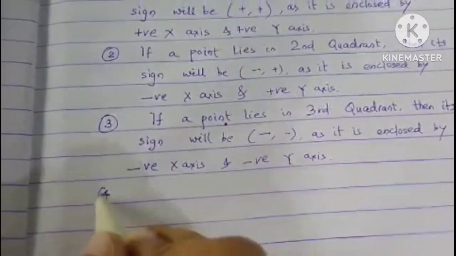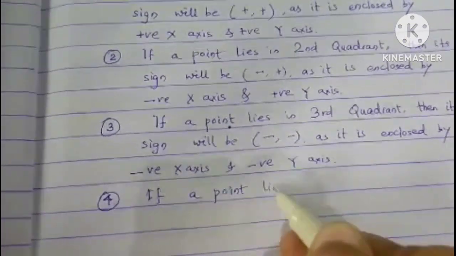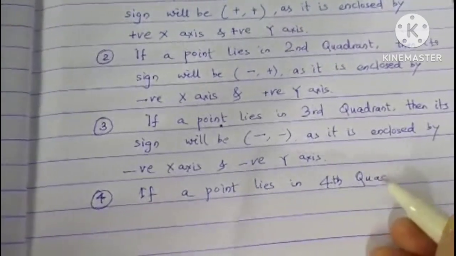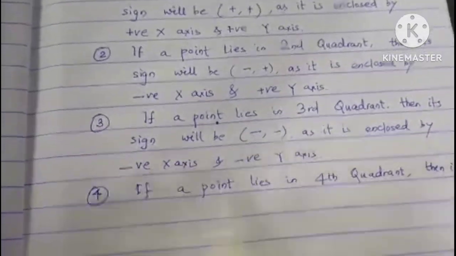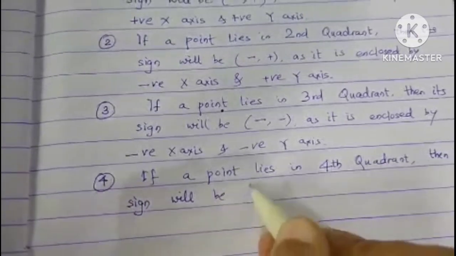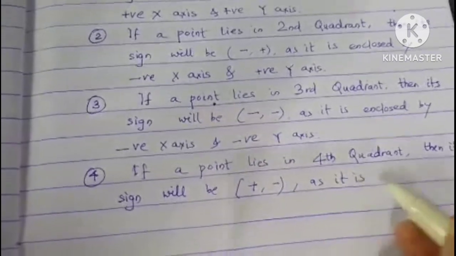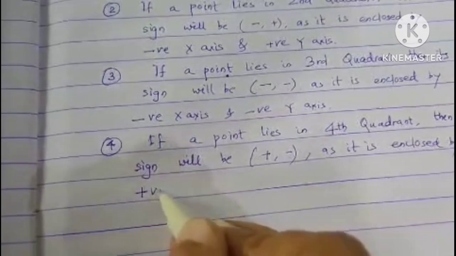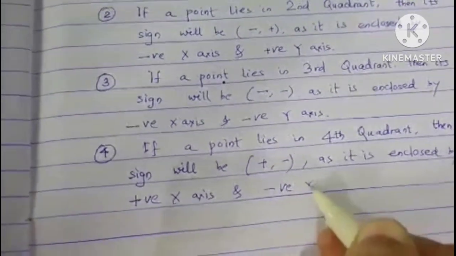Now the fourth one: if a point lies in the fourth quadrant, then its sign will be plus and minus, as it is enclosed by the positive x axis and negative y axis.